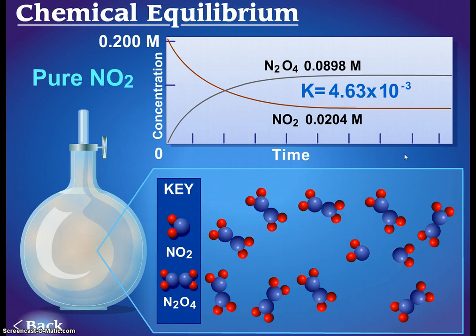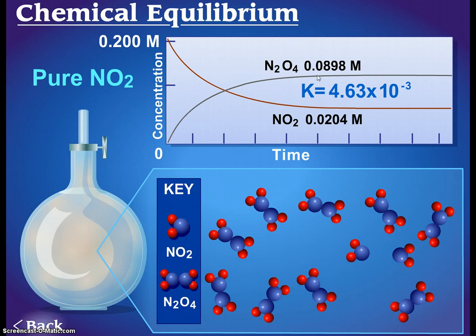So we see that if the rates are equal, the overall total number of molecules in the NO2 conformation is going to stay the same, and the overall number of molecules in the N2O4 stays the same. It doesn't mean that the NO2 and N2O4 stay equal to each other, but the amount of them stays constant.